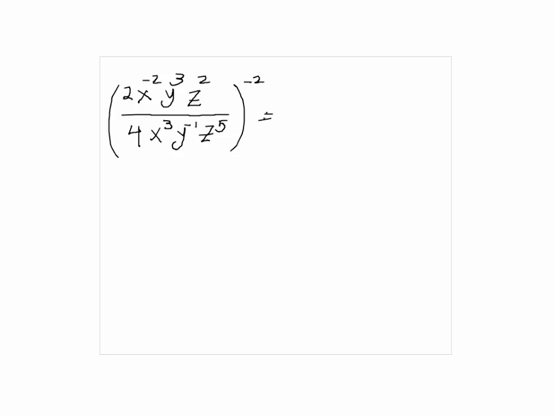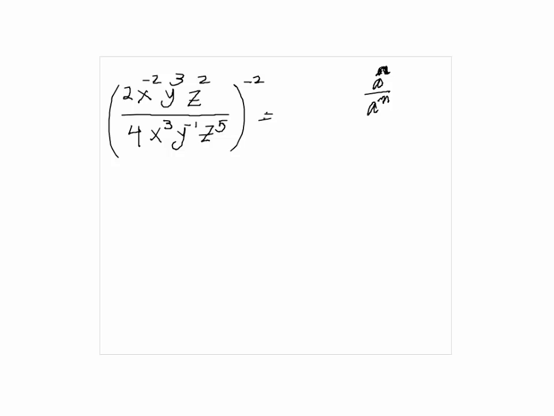When you have an expression like this, you don't really have to worry about the negative exponents at the beginning of the problem. So what you need to do is look for, let's say we have a to the power of n over a to the power of m.